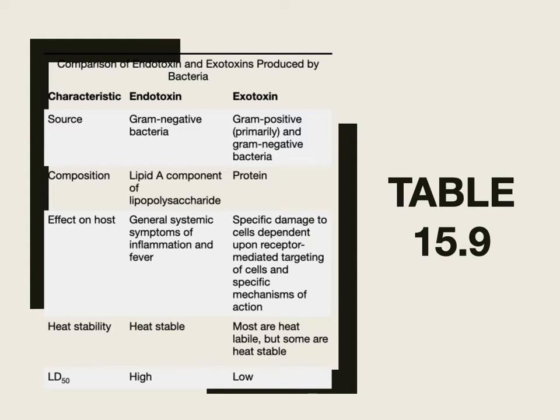So we usually only have a single cell type, a single tissue, a single organ being affected. It's not multi-system. And proteins denature, so if an individual has a fever, that can deactivate exotoxins. They're not stable with heat. There are some exceptions to that, but generally, exotoxins as proteins are not stable.